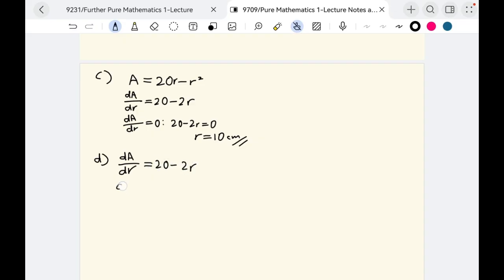Differentiate it again, which you will get 20 only. So no matter how much r is, the second derivative is always positive, with the value of 20.